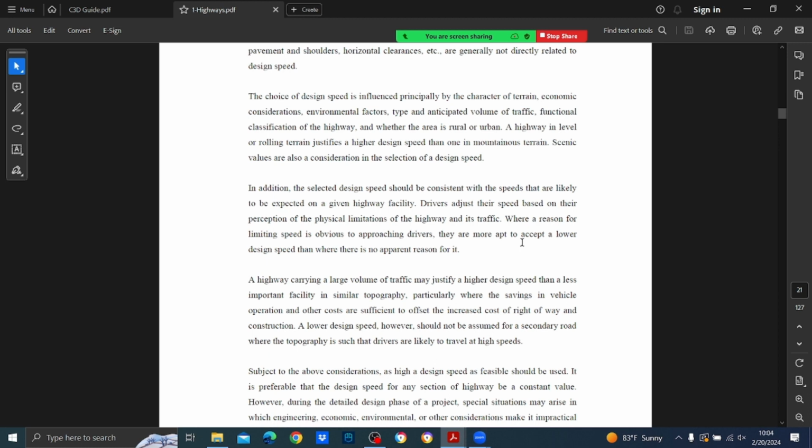Now, I am talking about a driver who has sanity and who is not under the influence of drugs. Drugs in the sense it can be narcotic or medicinal, whatever. That means he might have used liquor, or otherwise he might have taken some tablets, but still the effect is there. I'm not talking about these people.